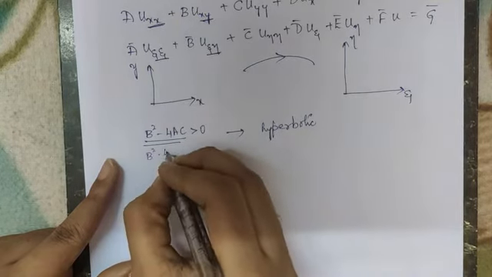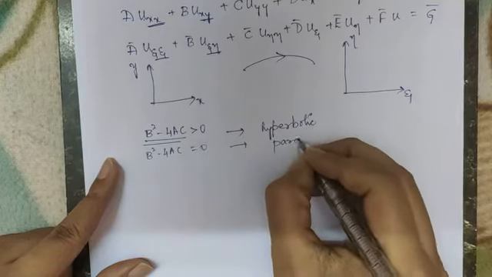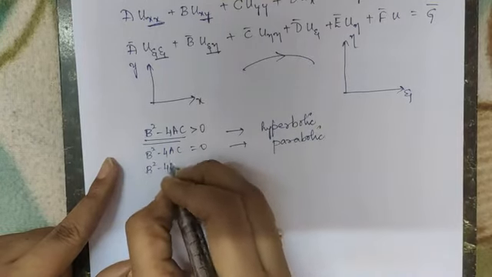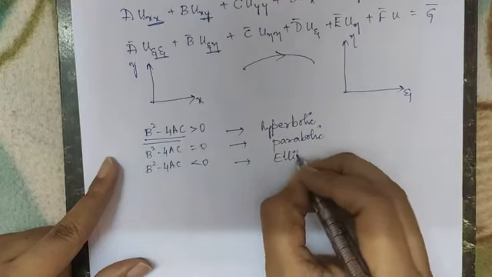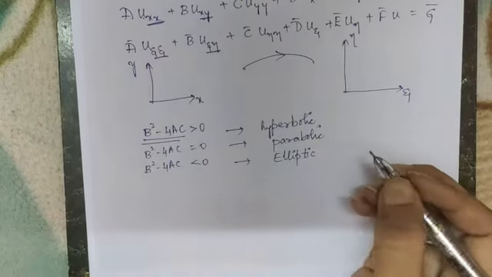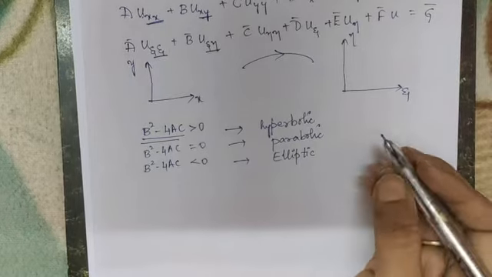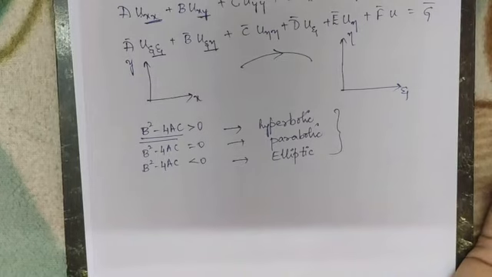If it is equal to 0, the equation is parabolic. And if the value is less than 0, then it is elliptic. This is how we find the nature of the given partial differential equation, right?